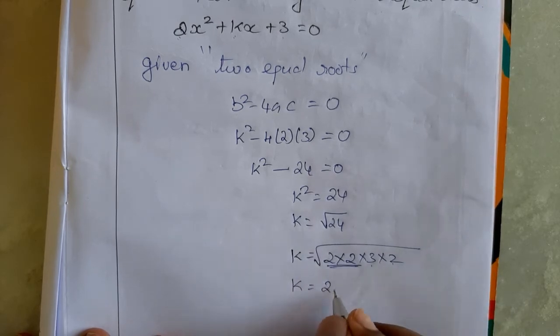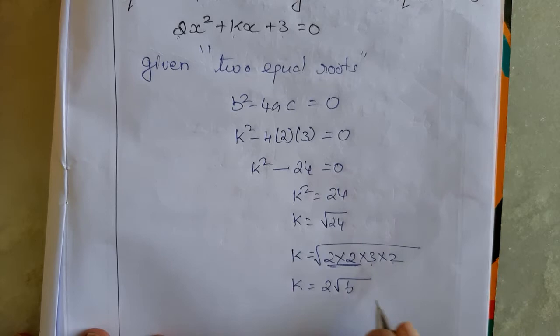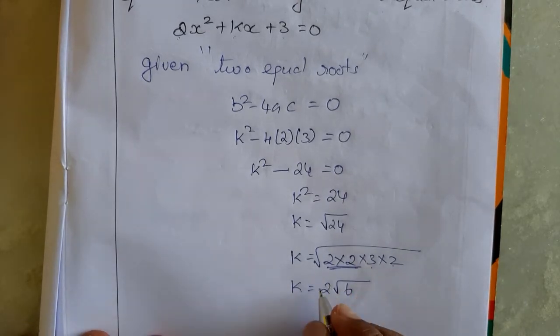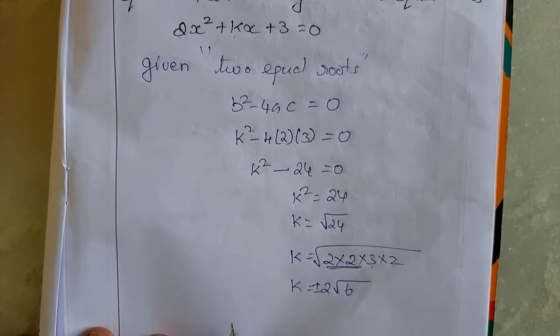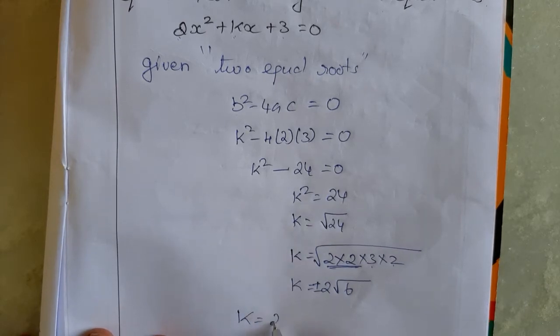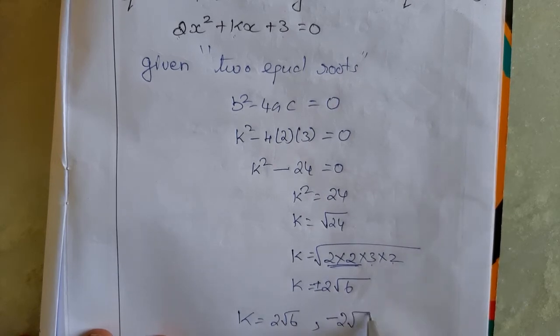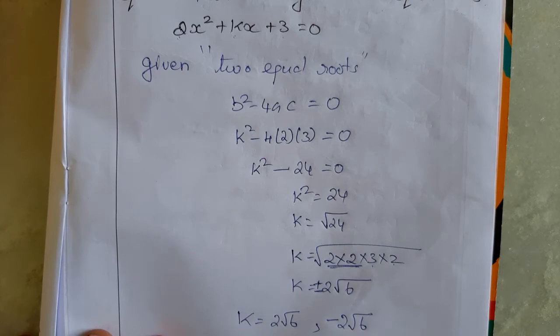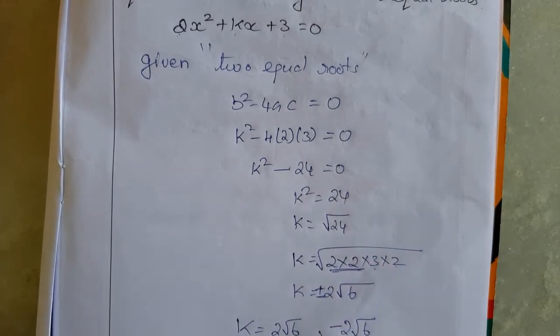So k is equal to 2 square root of 6. So the value of k, while taking outside the square root, it will give a plus or minus. So the value of k will be plus 2 square root of 6 or minus 2 square root of 6. Since we are taking a square root outside, it will become plus or minus.